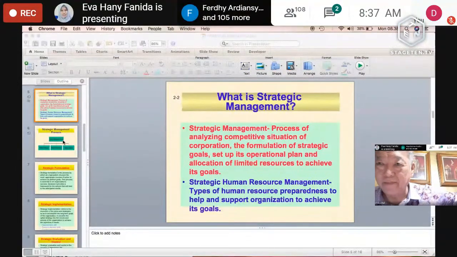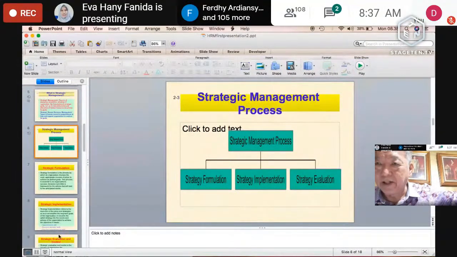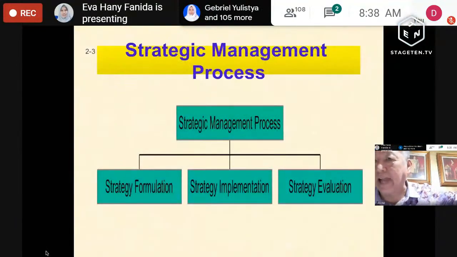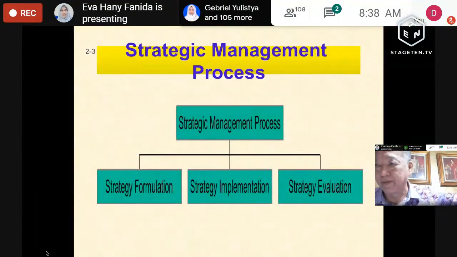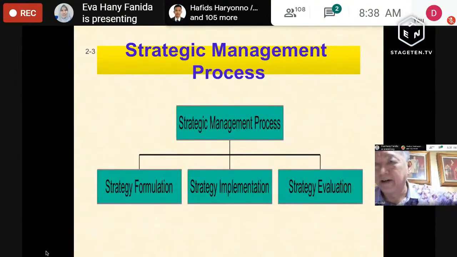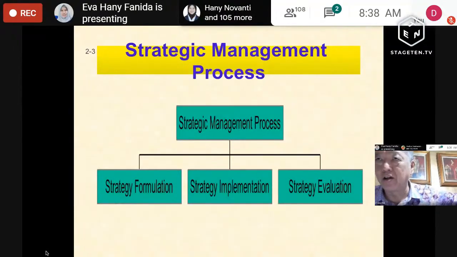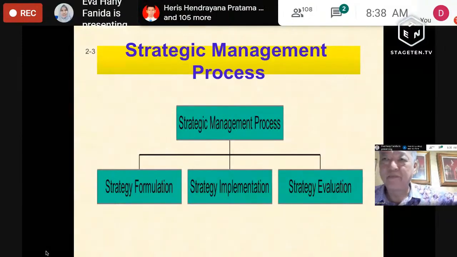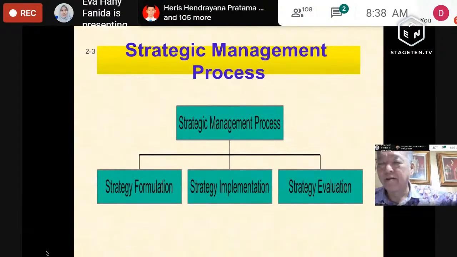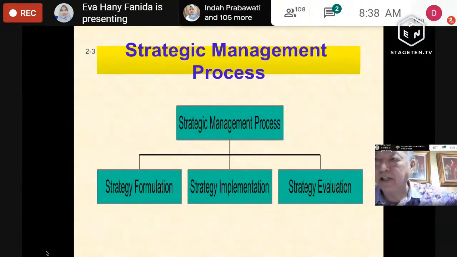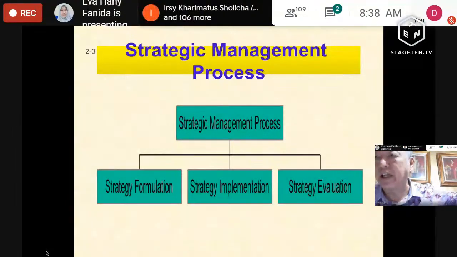Okay. So this is the strategic management process. I would like to tell all of you that usually when we talk about management, or specifically about planning, there will be 3 steps. The first step is planning. The second step is implementing. And the third step is evaluating or following up.